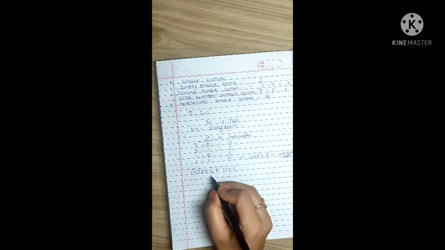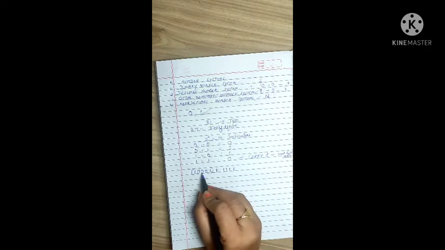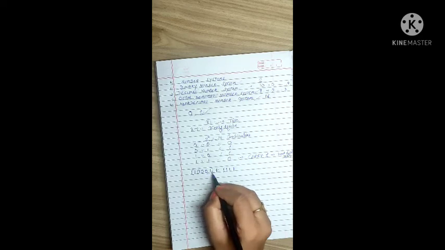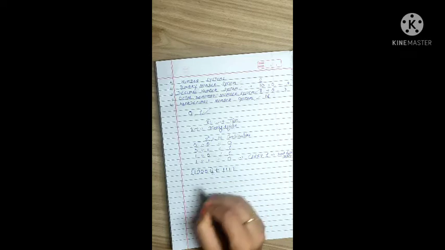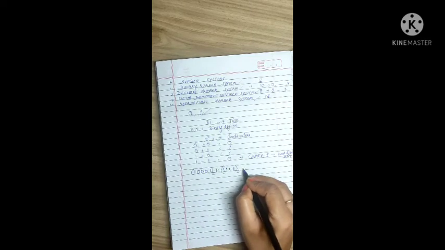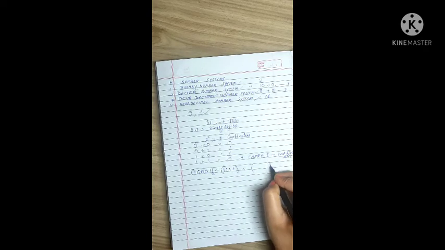We know that in the binary number system the base is 2, so 2 will be written at the bottom. Same way for 1111 also 2 will be written, and if we want to add these two numbers then the final output will also have the base 2.